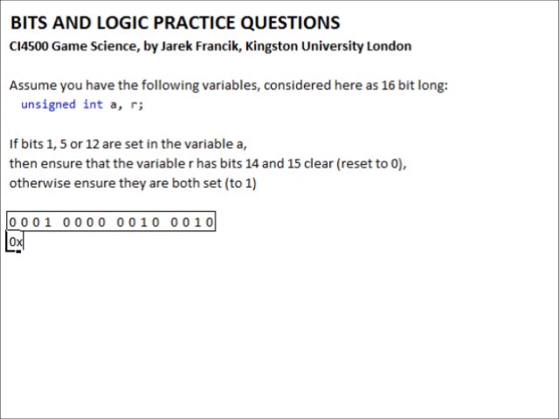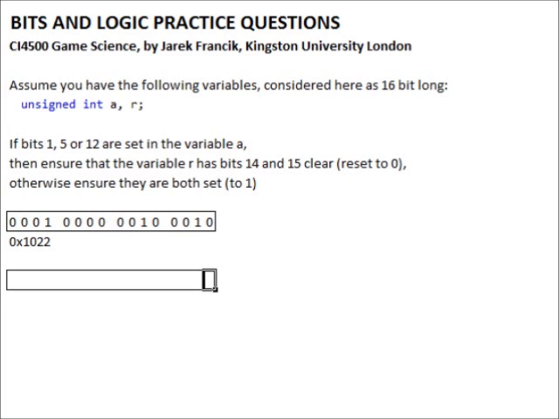We take the leftmost 4-bit group, it's 0001, it's easy to convert it to a hexadecimal because it's simply 1, 0000 it's 0, 0010 it's 2, 0010 it's 2. So 0x1022 is the hexadecimal value for our bit mask.